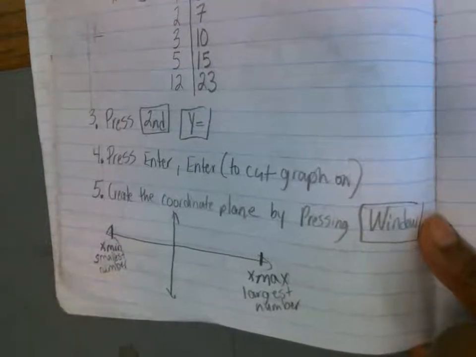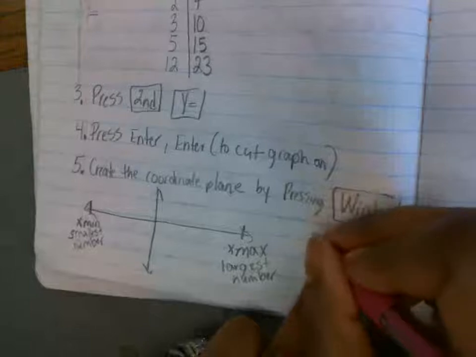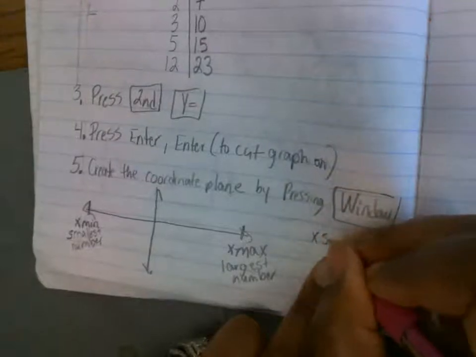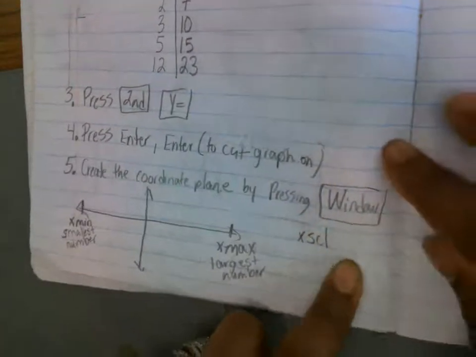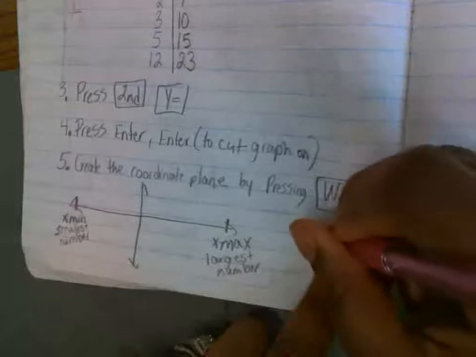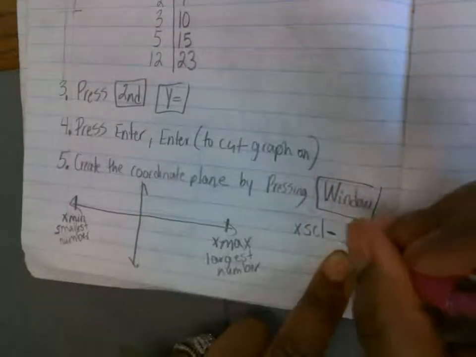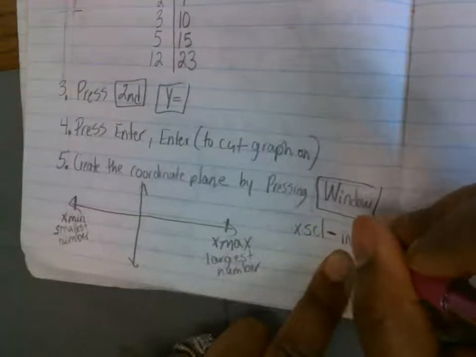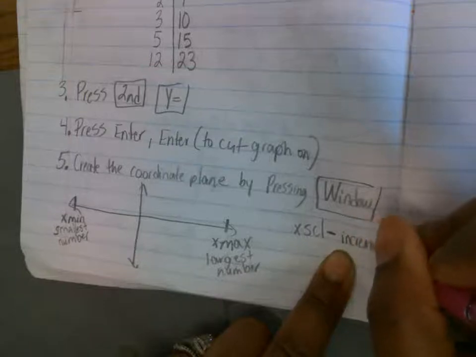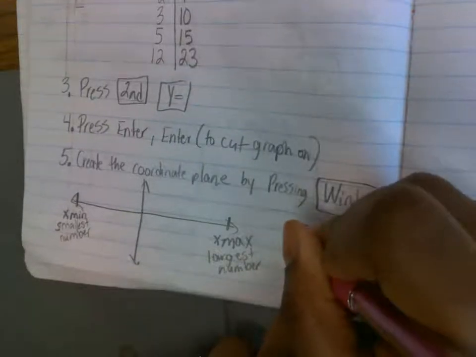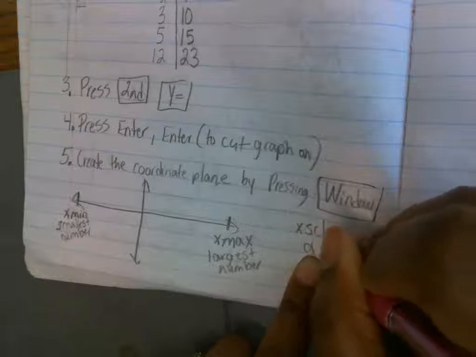And lastly, we said that X SCL. Those are the increments that you want your X axis to go up by. Increments of x-axis.